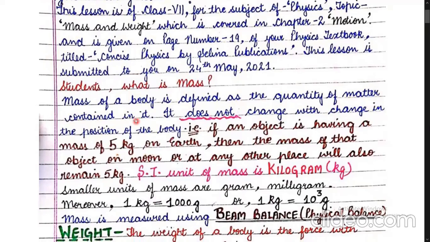And children, it does not change with change in position of the body. That is, mass remains constant wherever you go. Whatever is the quantity of matter contained in that body, it remains fixed.